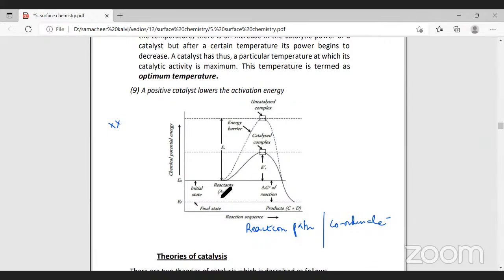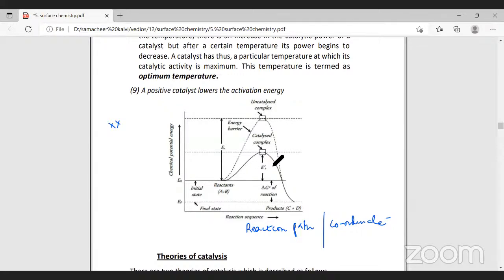This is A and B reactant, and C and D is the product. In the absence of catalyst, for the reaction to take place, it requires a lot of energy of activation. Ea stands for energy of activation. So if it attains this energy of activation, then the activated complex, the uncatalyzed complex, is formed, and then it decomposes to give you the product.